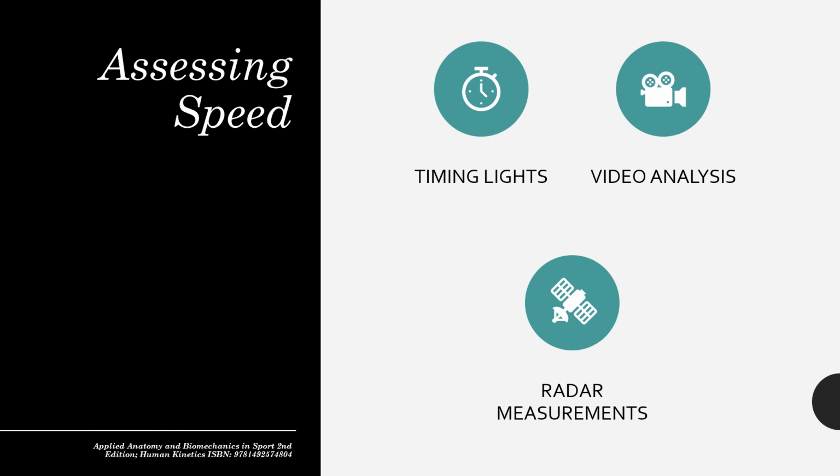We can do this with frame by frame video analysis, or we can measure somebody with GPS tracking and radar. This is very familiar in 5K races. They put the GPS tracker on you, sends you off to run, and when you cross the finish line, it turns it off. So several different ways to do this. All are fairly cost effective and easy for a coach or athlete to use.